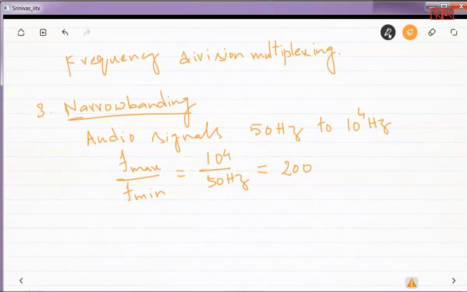So what I mean is the dynamic range, the range of f max to f min or lambda max to lambda min, is so high that it leads to many practical difficulties.